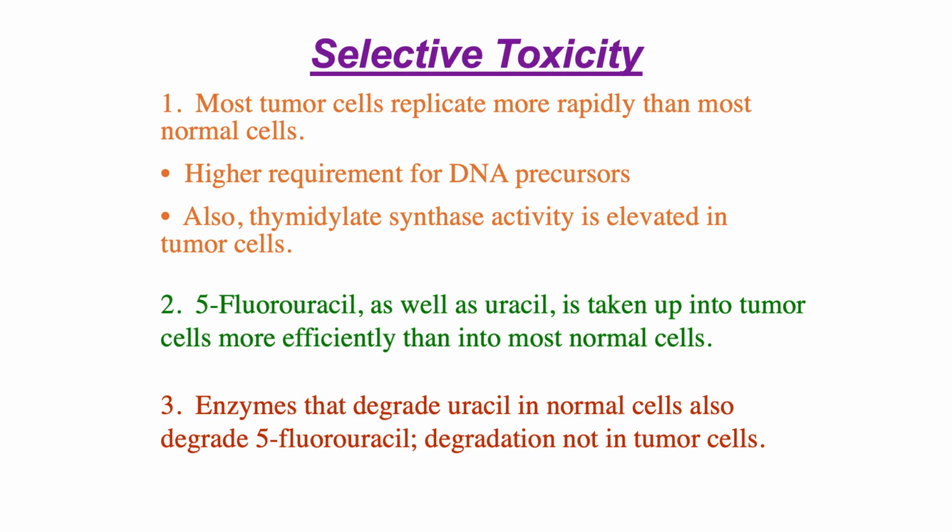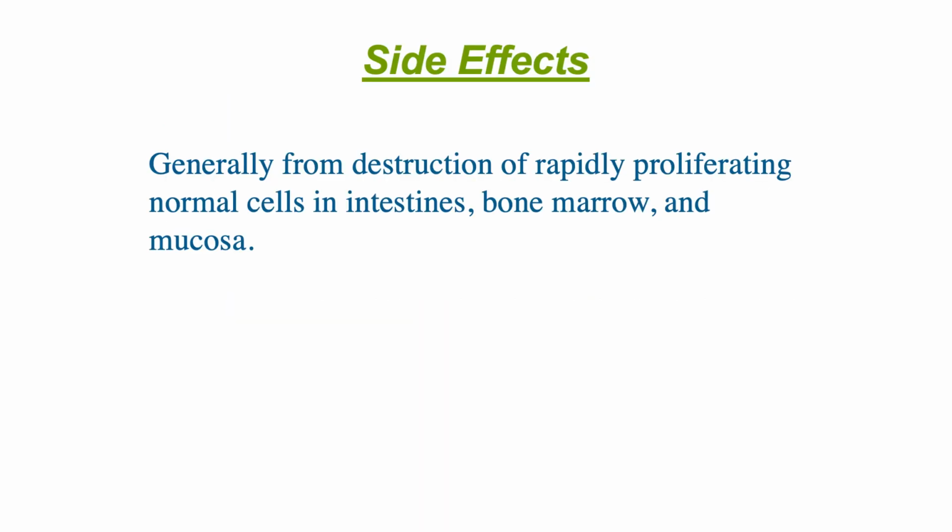So you have a couple of pieces that are helping you here. But it really does destroy rapidly proliferating cells, and that includes a lot of cells in your body, so it can be very challenging to take, even when it's taken externally, say for skin cancer.